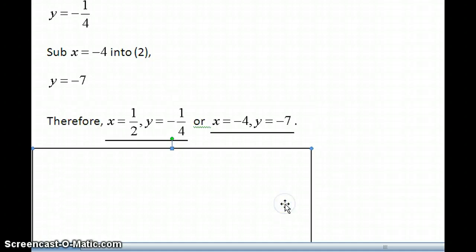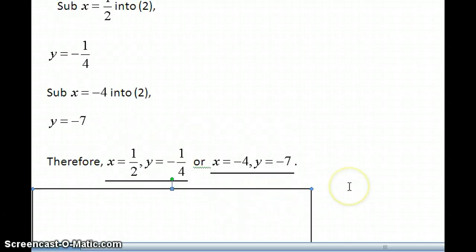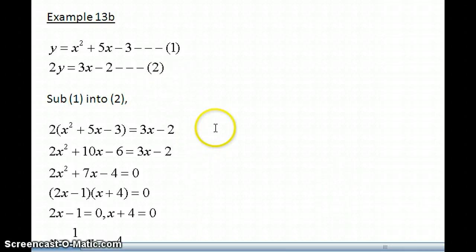So therefore, x equals 1/2 when y equals -1/4, or when x equals -4, y equals -7. You can check if these answers are correct by substituting back into either of the equations. These values should satisfy these equations.